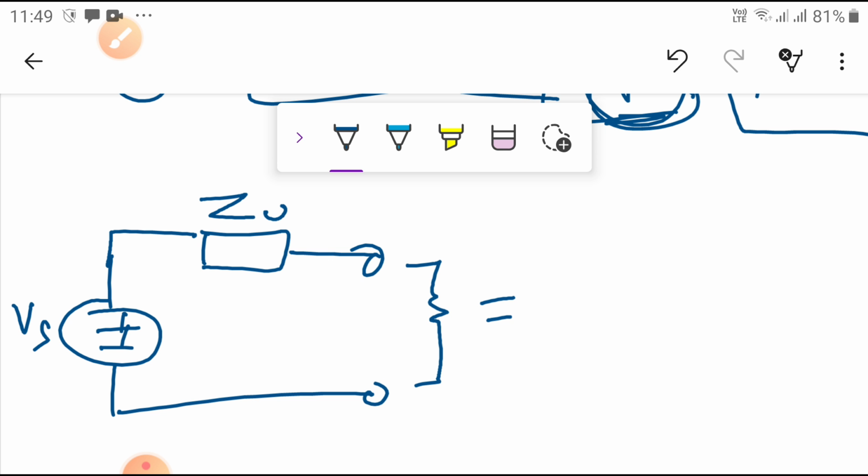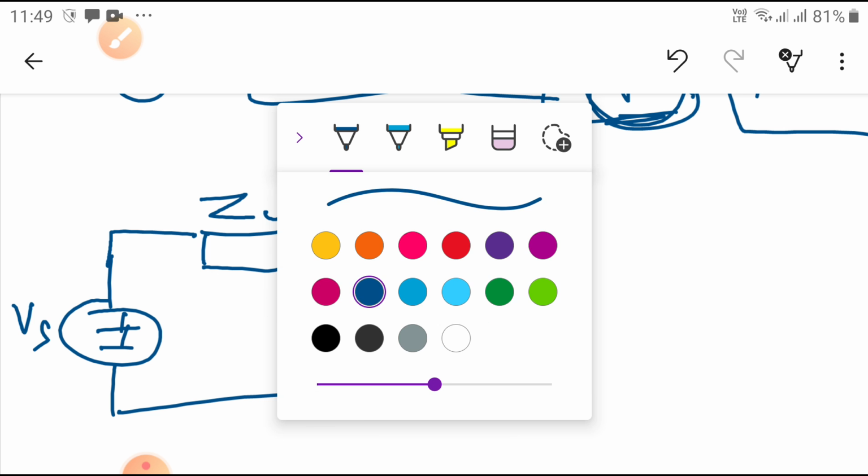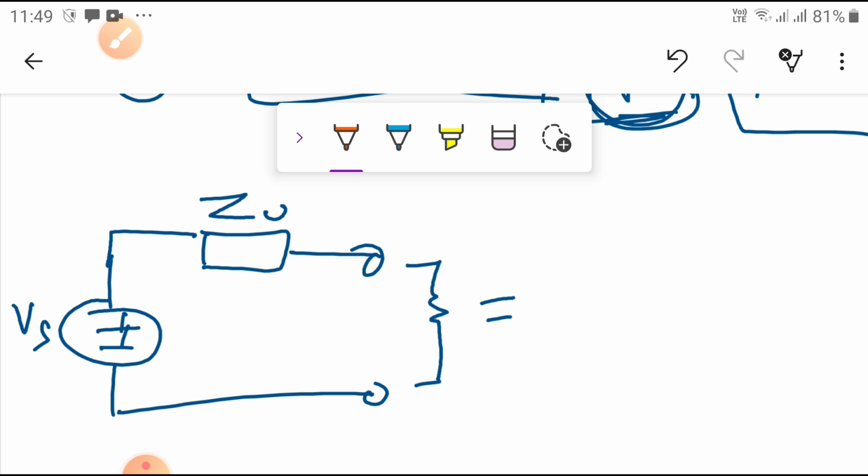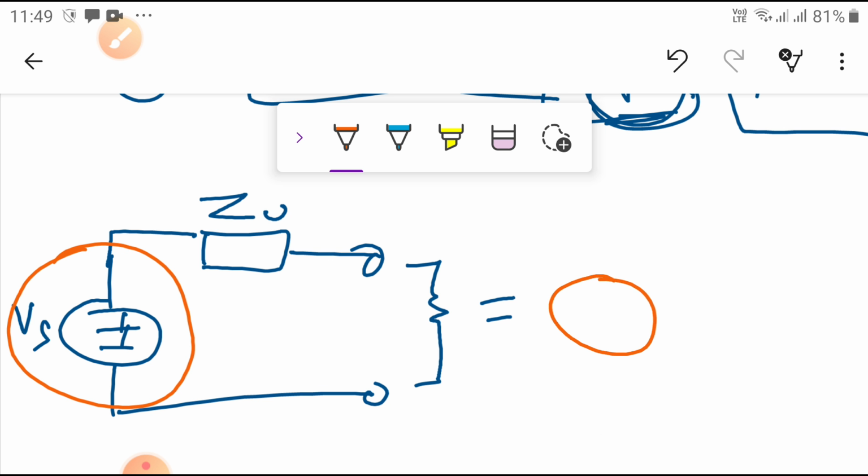This value is converted into the current source. Here plus minus, similarly top, you remember that signal, plus minus.